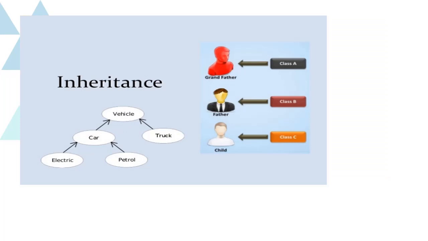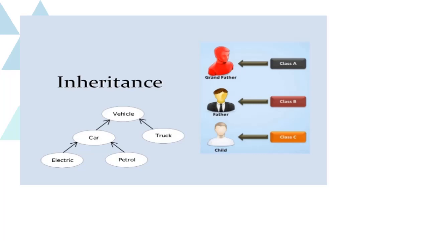So let's start the next important feature of object-oriented programming, which is nothing but inheritance. Inheritance is the method of creating a new class based on an already existing class. The new derived class is called a subclass or child class.